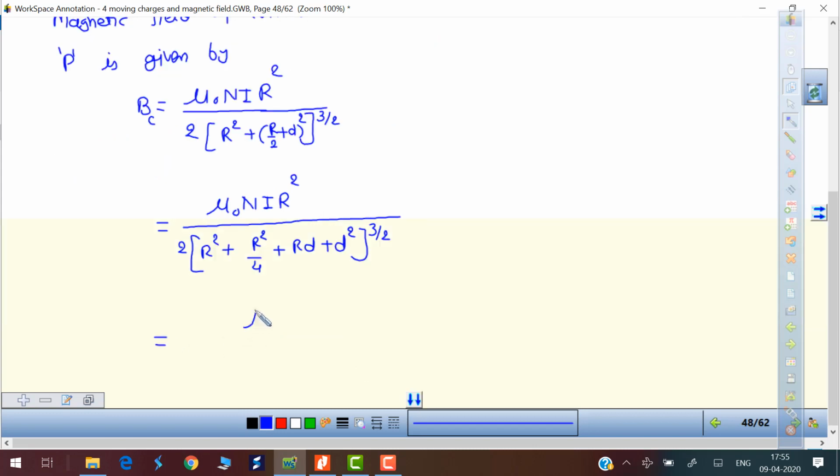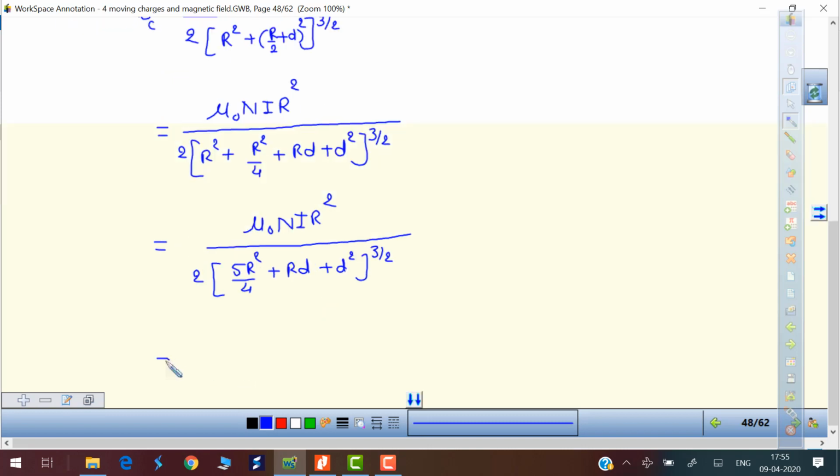This equals mu 0 n I r square upon 2, r square plus r square by 4, so it becomes 5 r square by 4, LCM 4, 4 plus 1 is 5, plus rd plus d square raised to 3 by 2.